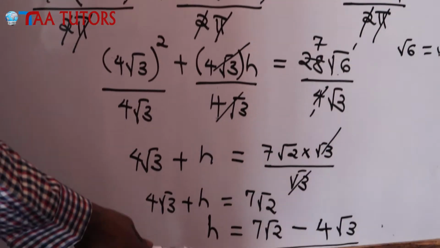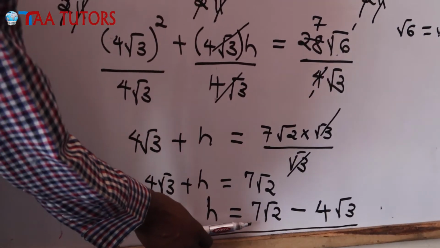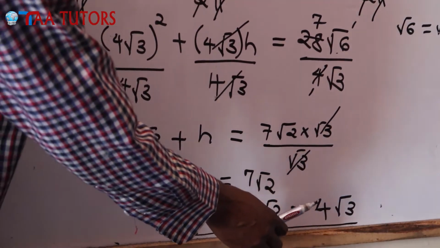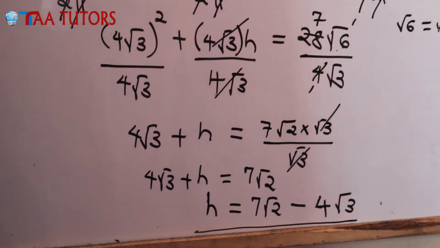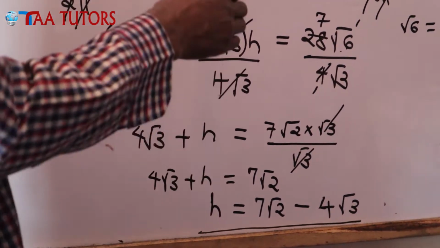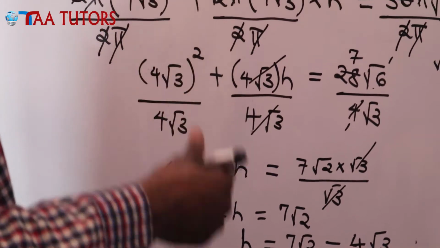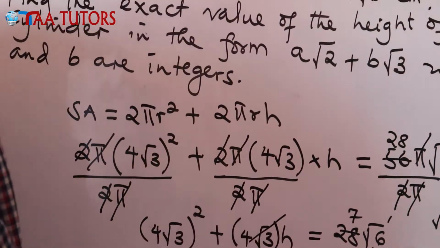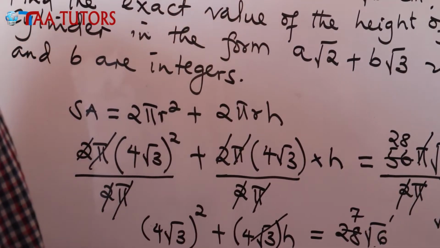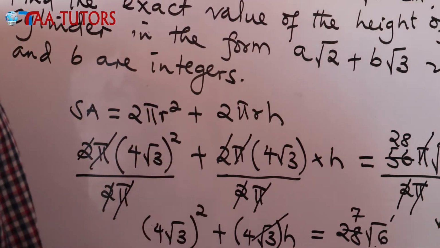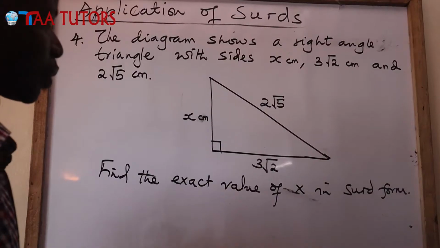And as you can see here, we have been able to get 7 surd 2 minus 4 surd 3 as the value of height. Viewers, it was not very hard to get. If you are able to get this question and get the final answer, you are going to see that what you did here was simply simplifying, nothing more.